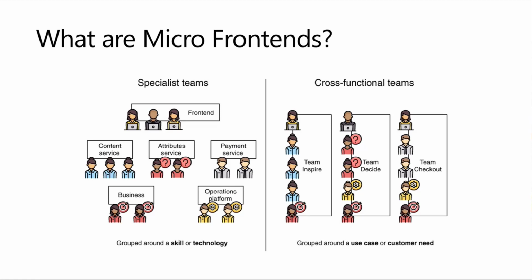So instead of grouping around a skill or technology in these specialized teams, you are now capable of forming cross-functional teams where there is really domain expertise and where every layer, so to speak, is really taken care of.